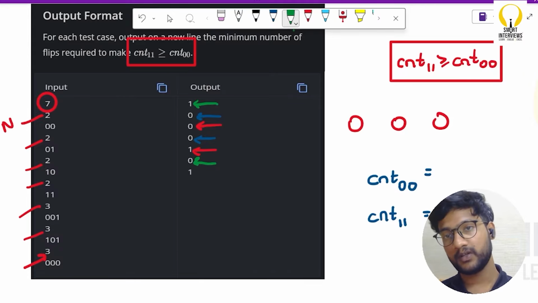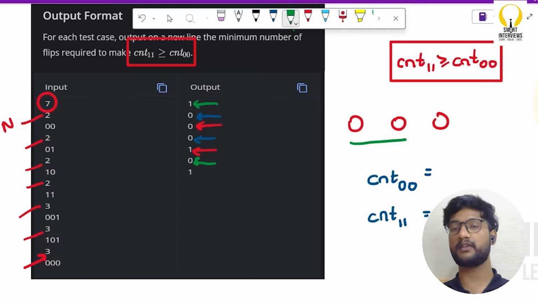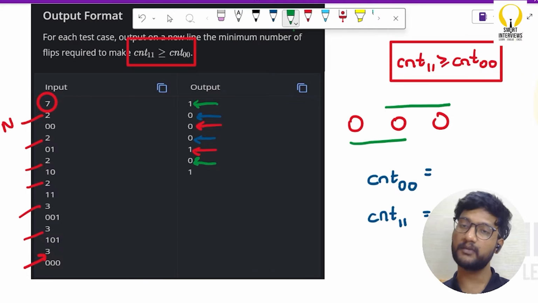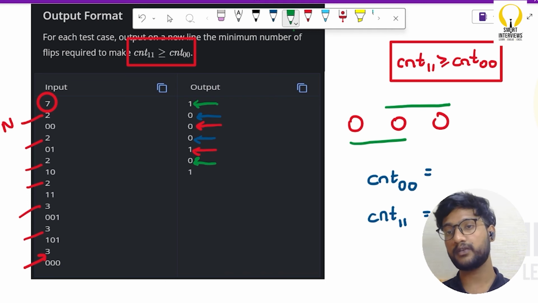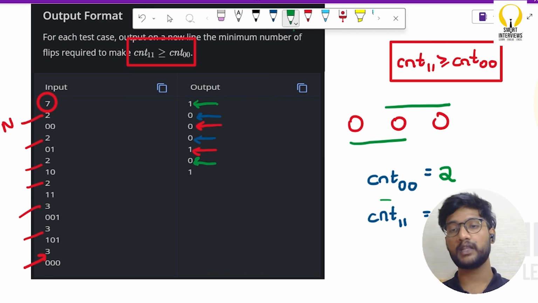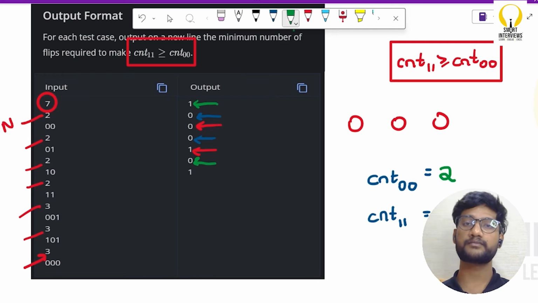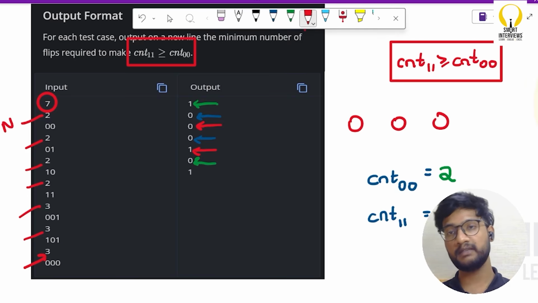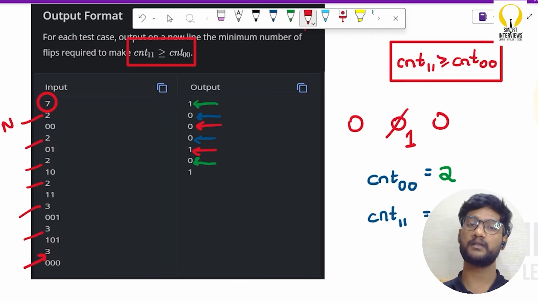No. 0 0 is one substring and this 0 0 0 is another substring. So there are two substrings in my count of 00 and the count of 11 is 0. So what you will do? You can simply make the middle one a 1 so that we don't have any 00 counts. So the answer will be 1.